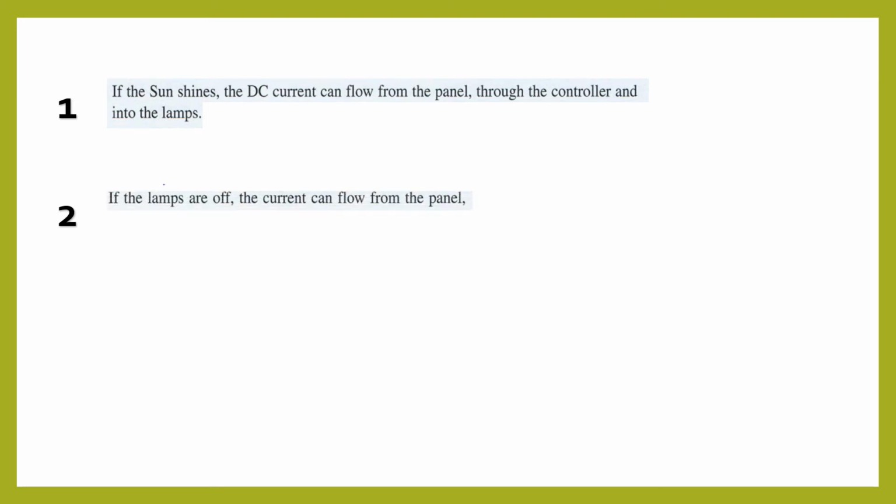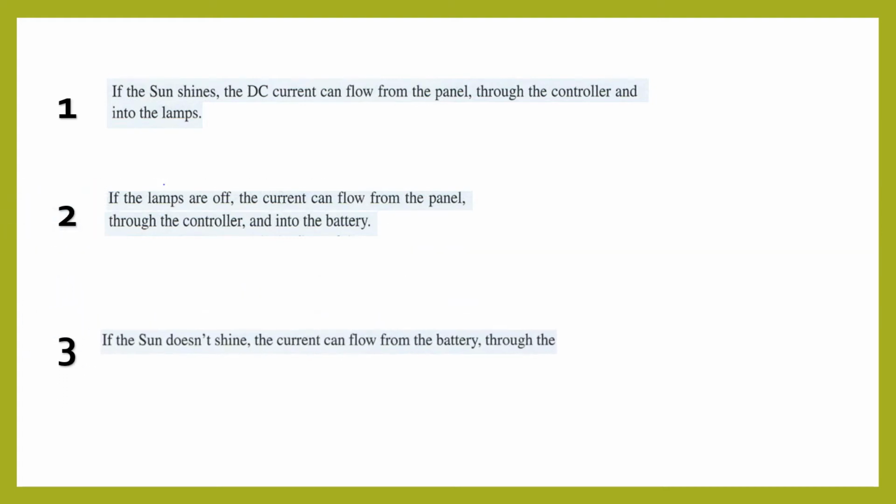If the lamps are off, the current can flow from the panel through the controller and into the battery. And finally, situation 3. If the sun doesn't shine, the current can flow from the battery through the controller and into the lamps.